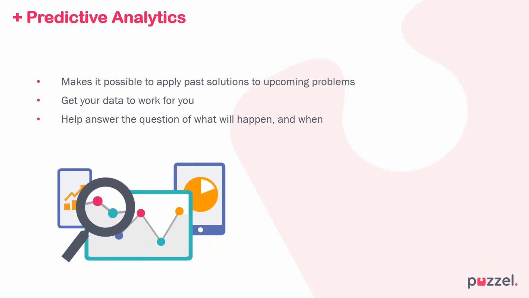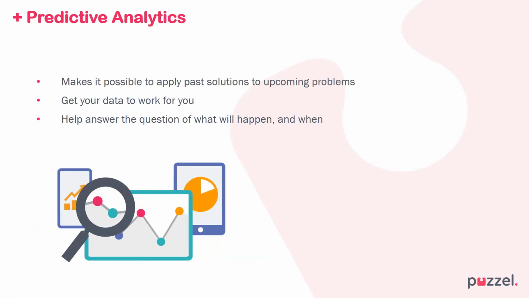But then also using that data in a more intelligent way by saying, actually, what we want to do is understand what were the past solutions and use those to address upcoming problems. So we understand when we have issues within the contact center, we are able to resolve those.